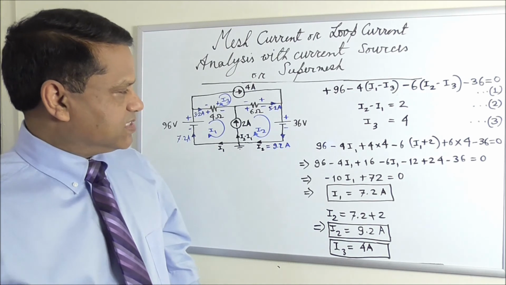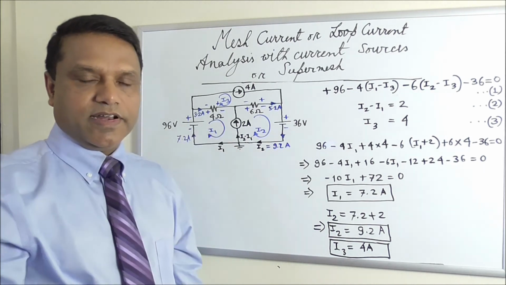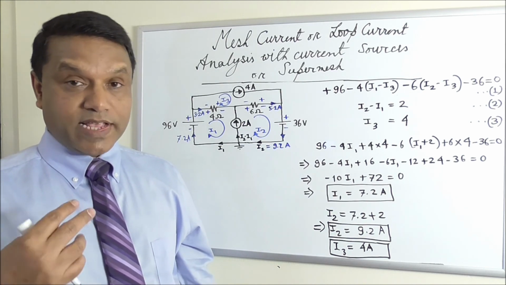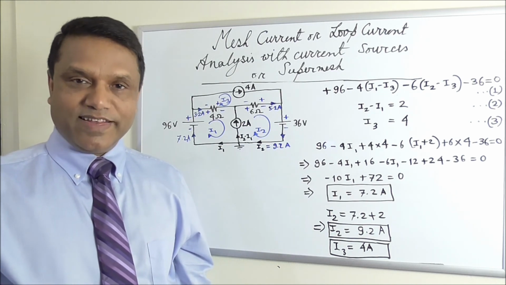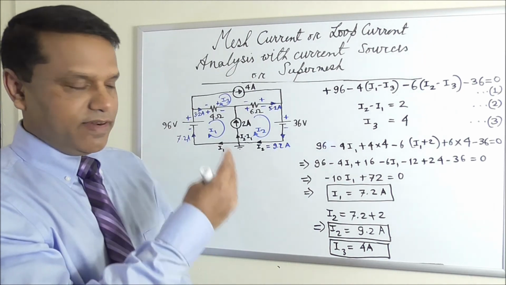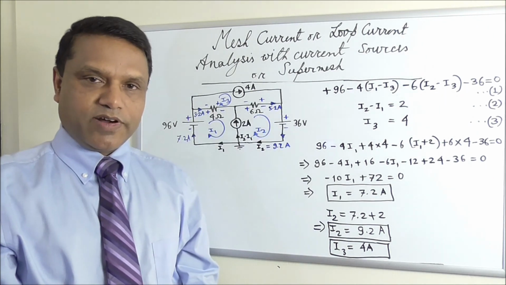But in most cases, you will probably have this kind of situation where current sources are inside the circuit. And when you remove the current sources mentally, I'm not asking you to remove them really from the circuit, just to visualize as if they are not there, so you can find out which loop you have to use for KVL equation.